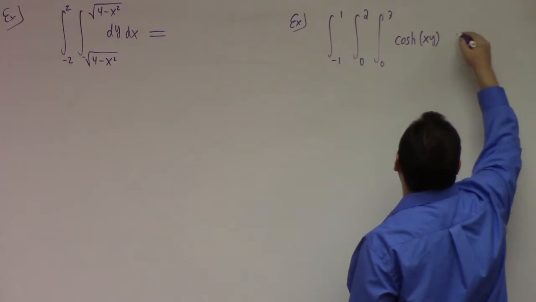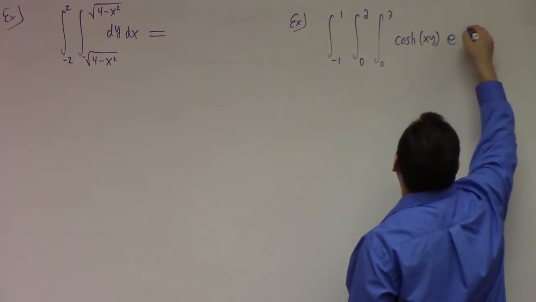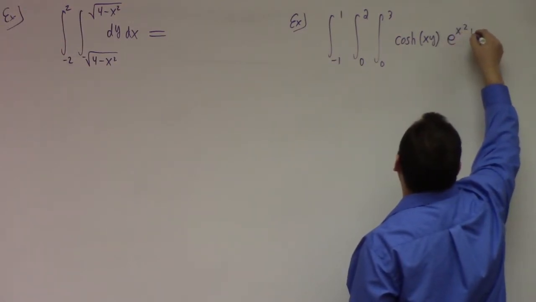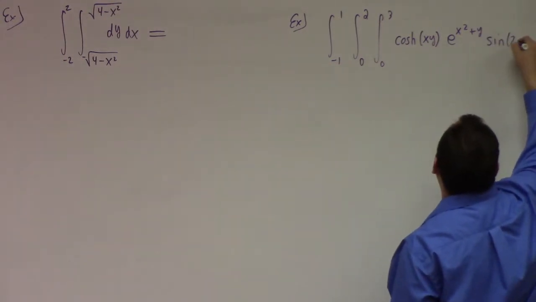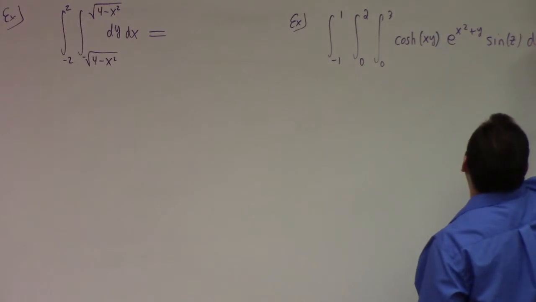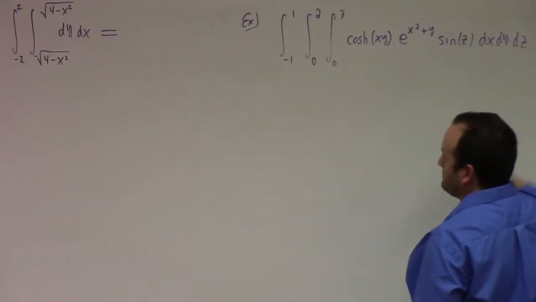Excuse me, what am I saying? e to the x squared plus y and sine of z. dx, dy, dz.